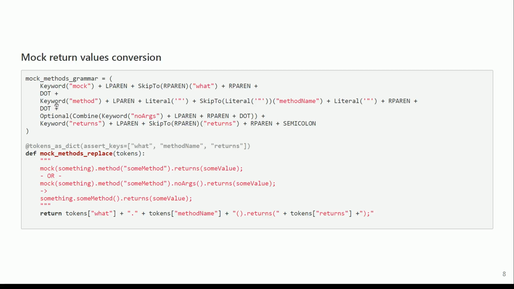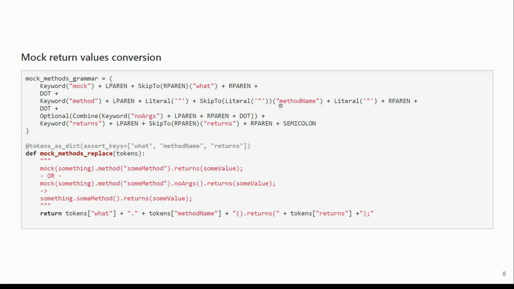dot, keyword method, again we don't need that one, left parenthesis, quotes, and then skip to, which basically grabs everything until what we specify, so until the next quote, which we call a method name, because we will need the method name.